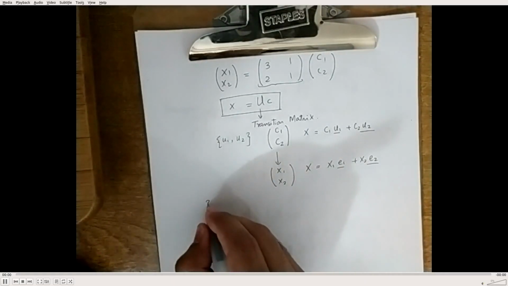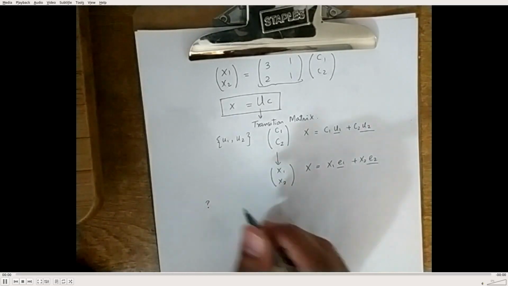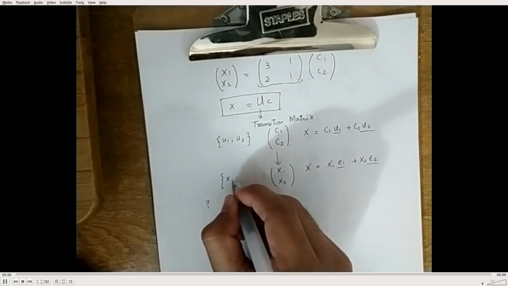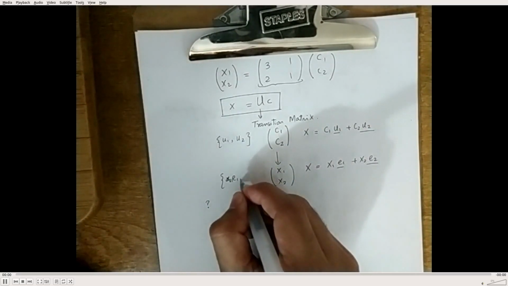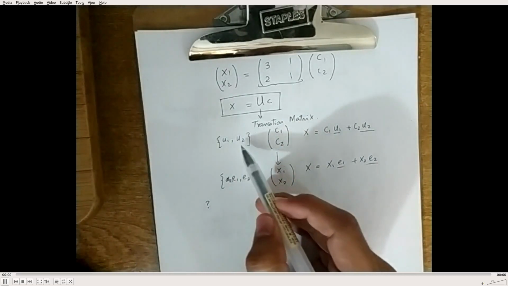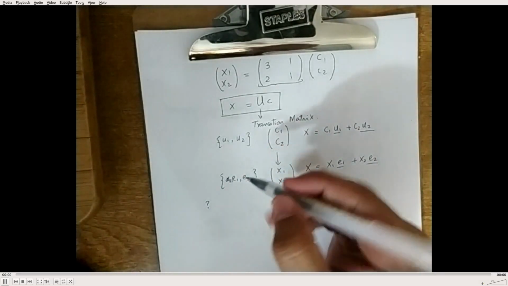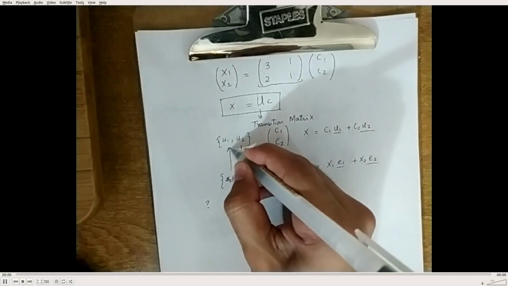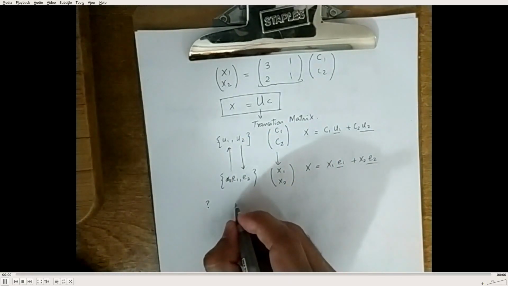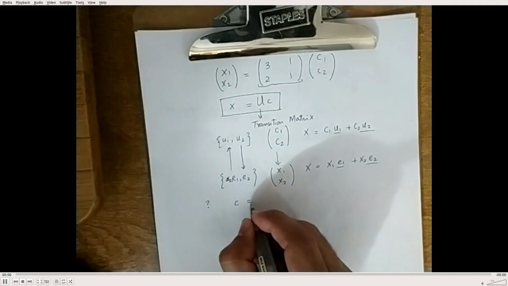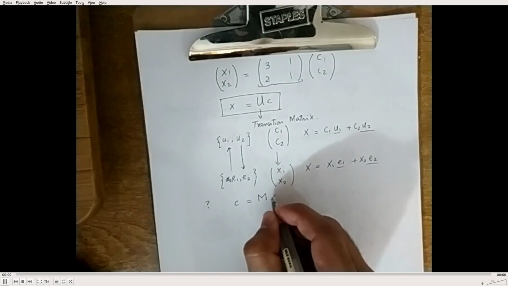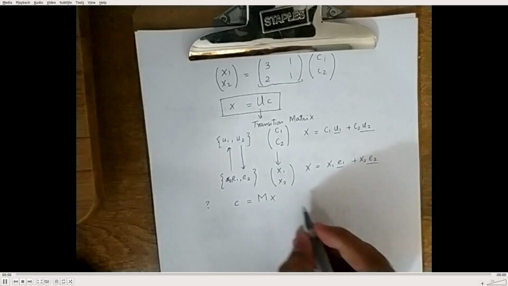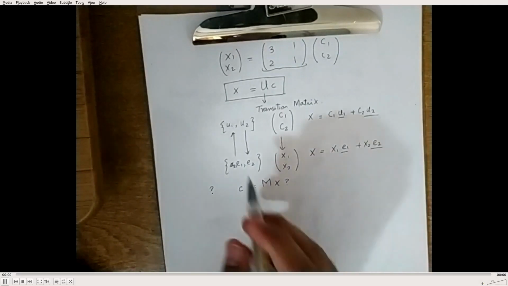The question at this point is, if I have found a way to go from U1, U2 to E1, E2, how do I find the other way around? How can I now write C equals some matrix times x? That problem is easy to solve.